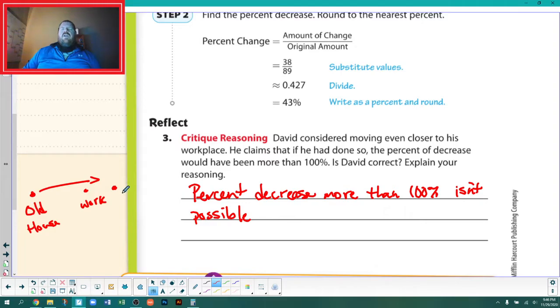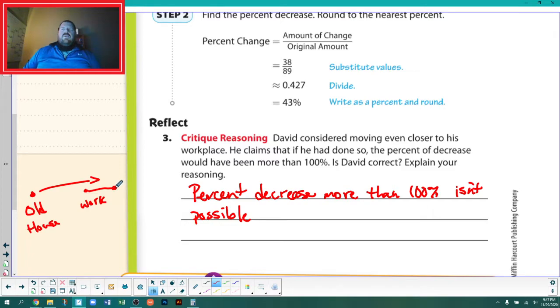moved over 100% of the way, distance has a weird thing that it's always a positive value, okay? Because, yes, he might have moved past his work, but he still has a positive number of miles from his work to his new house.